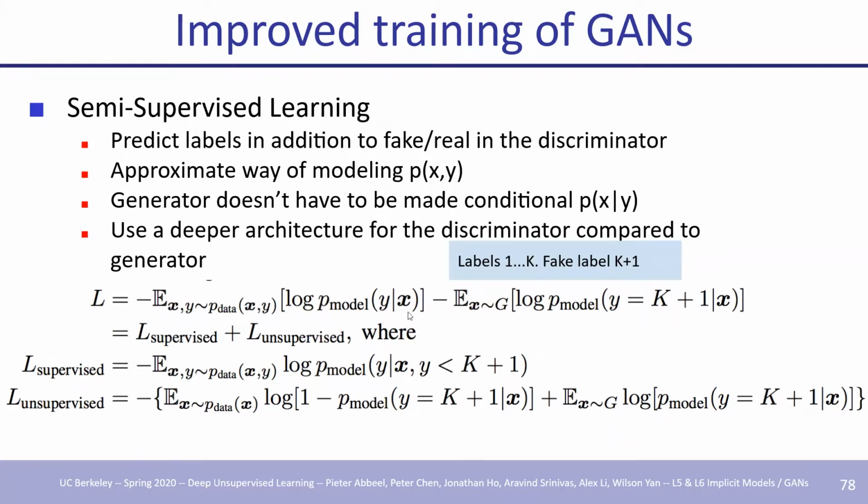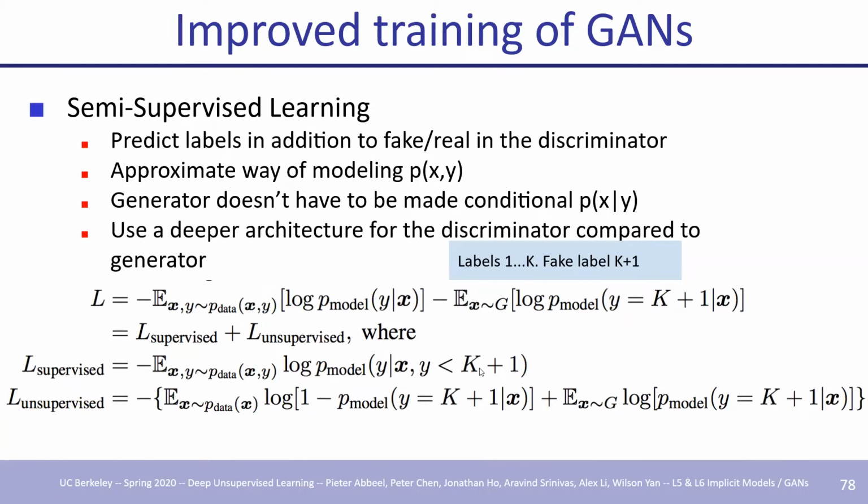And this second part shows that this loss function can be cut into two different pieces, the supervised part and the unsupervised part. For the supervised part, we don't care about the fake label. So we'll say Y is given X and then Y is less than K plus 1.